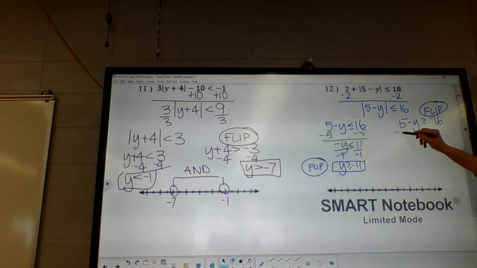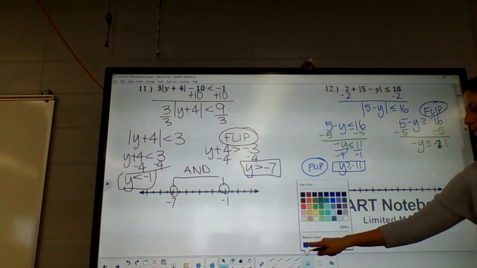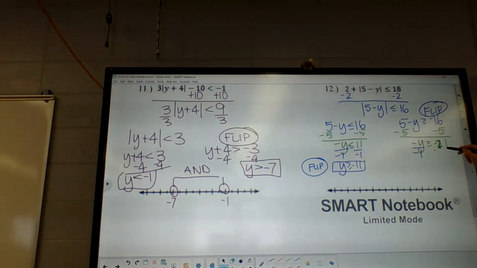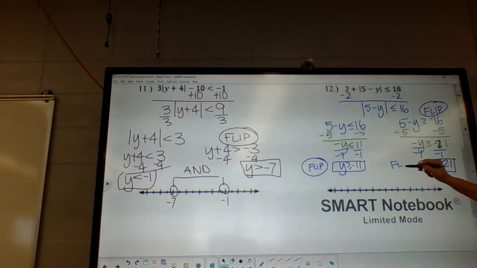Do the same thing over here. This is negative 21 here. I'm going to divide by negative 1. And again, we're going to flip the inequality because we divided by a negative.